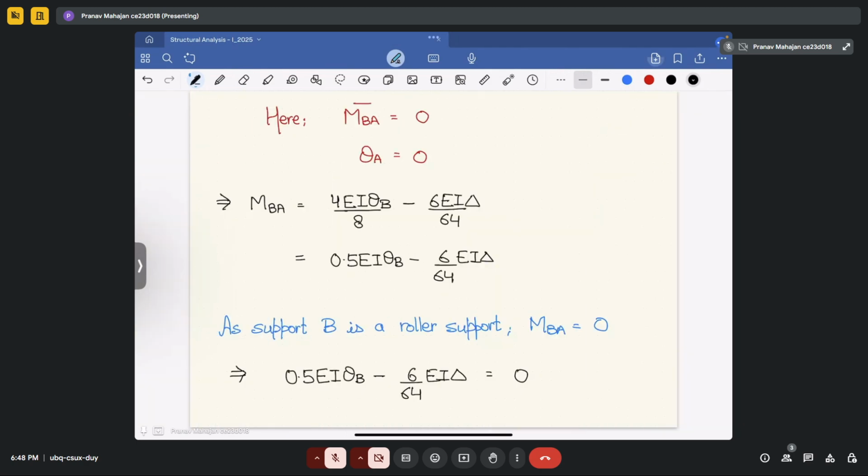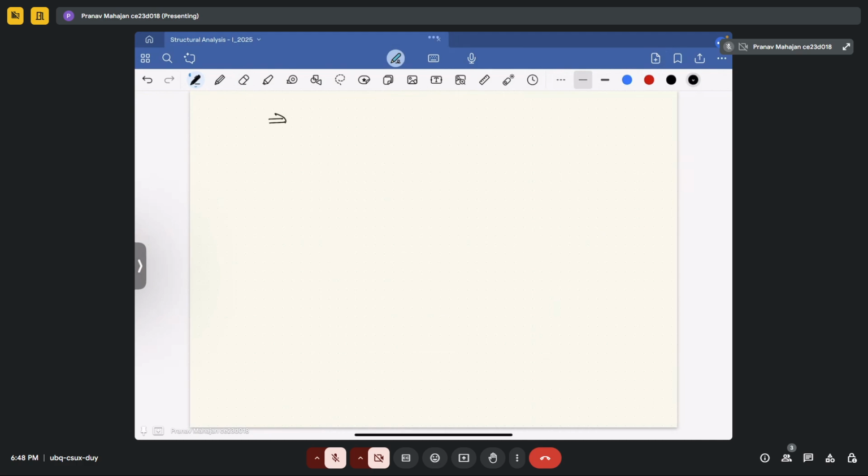So how we will solve? We will solve it as 0.5 EI theta B equal to 6 upon 64 EI into 0.01. EI will get cancelled out and you will get theta B equal to 6 upon 64 into 0.01 divided by 0.5.